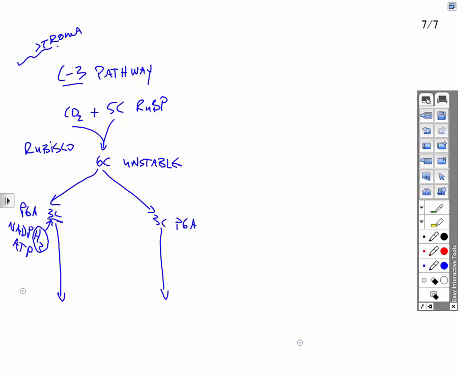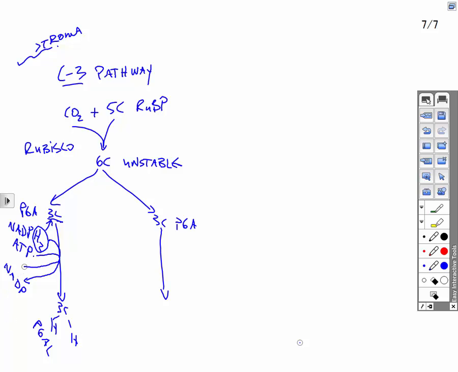So I'm going to convert NADPH2 just back to NADP. I remove the 2 hydrogens and put them on that 3-carbon molecule. So I now have a 3-carbon molecule with 2 hydrogens on it. That molecule is called PGAL, and that's listed also in your notes, hopefully from yesterday.